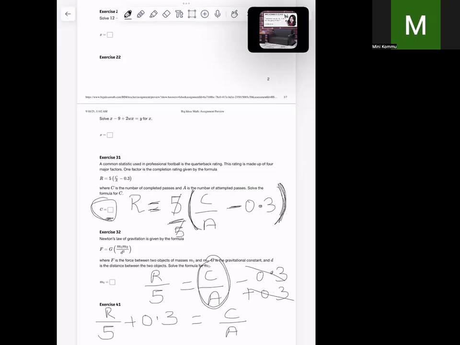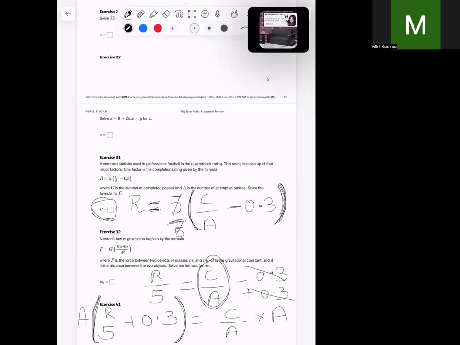Now you know what to do. You have to get rid of A. C is being divided by A. So what is the opposite operation? Multiplication. So you multiply the right side by A. Now here is what is super duper important. Since you're multiplying the right side by A, you have to multiply the entire left side by A, which means I'm going to write A outside and put parentheses over here to denote that A should be multiplied by R over 5 and A should also be multiplied by 0.3.